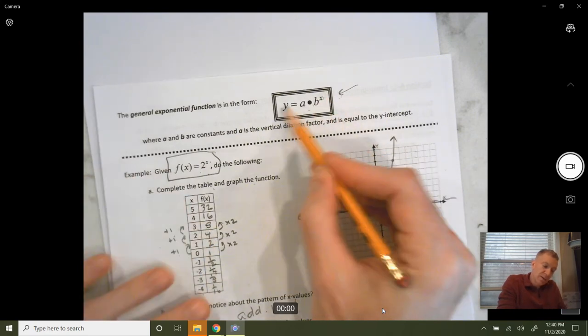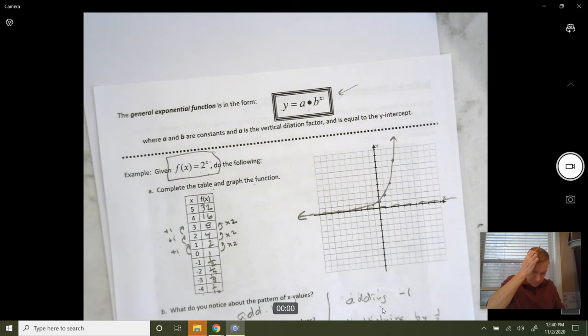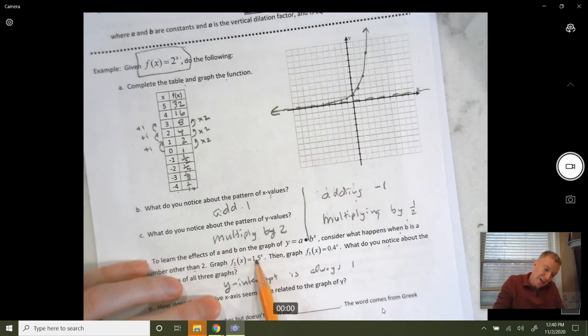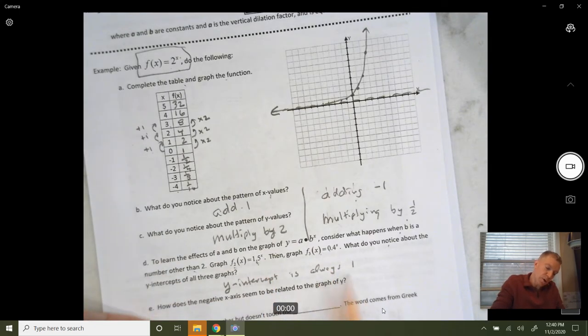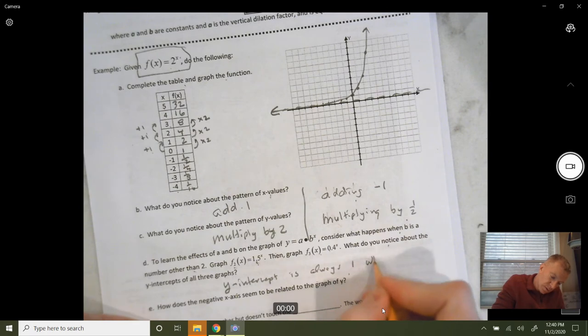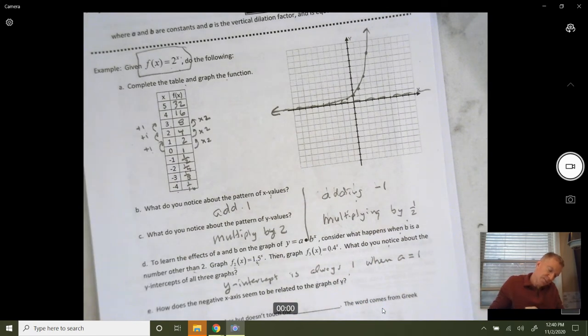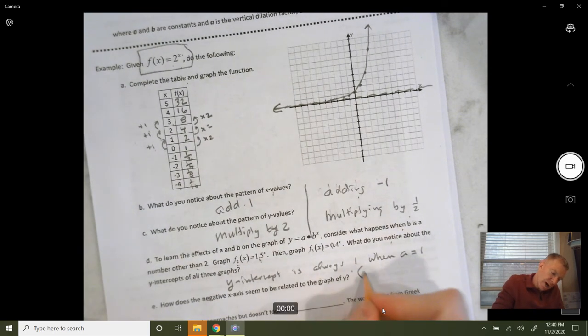Okay, and your y value is just going to be a. So for these graphs, your a was 1, so your y-intercept will always be 1. Okay, let's say y-intercept is your a value.